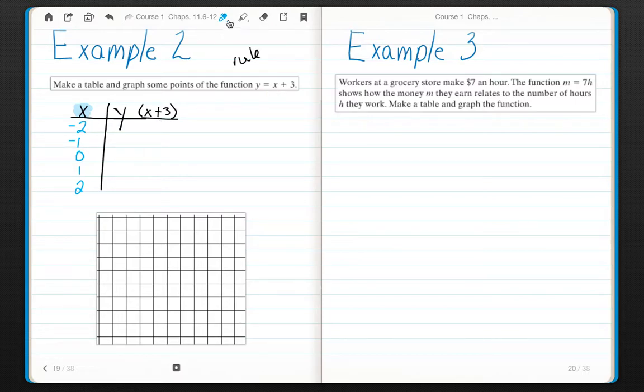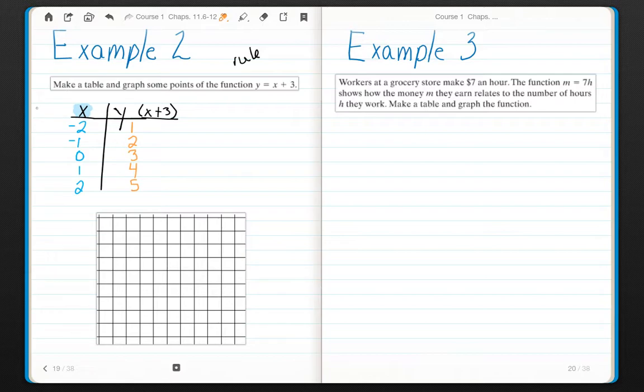These are going to be my outputs. Negative 2 plus 3 is 1. Negative 1 plus 3 is 2. 0 plus 3 is 3. 1 plus 3 is 4. And 2 plus 3 is 5.